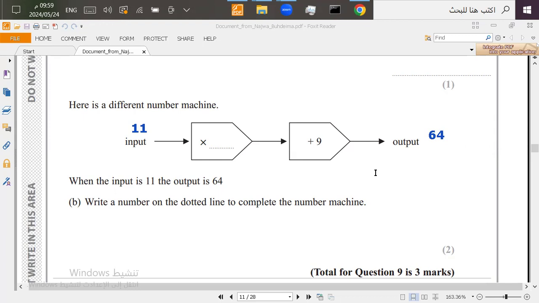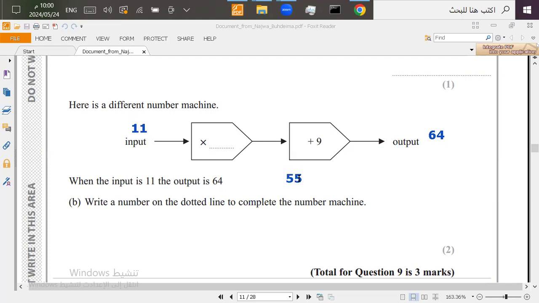Now, how do we do this? We can go the opposite way. We take the 64, and we do the opposite of this operation. So 64 minus 9, because I'm doing the opposite of this operation, and I will get 55.